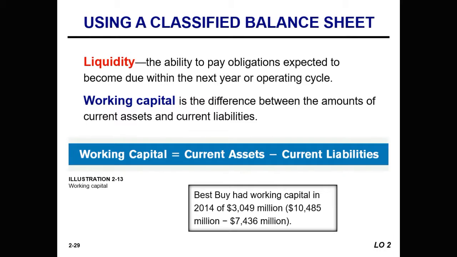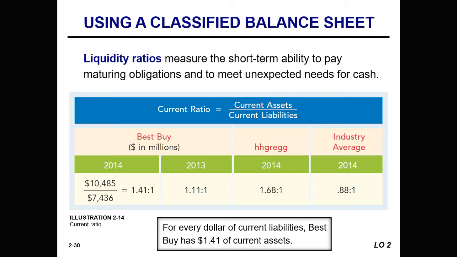The second liquidity ratio is the current ratio. That is taking our current assets and dividing them by our current liabilities. This is a measure of the short-term ability to pay obligations.